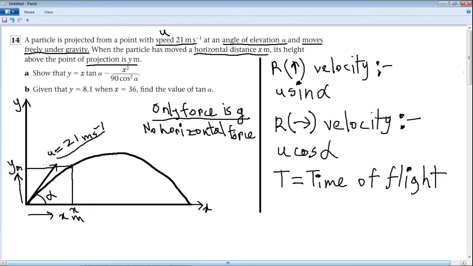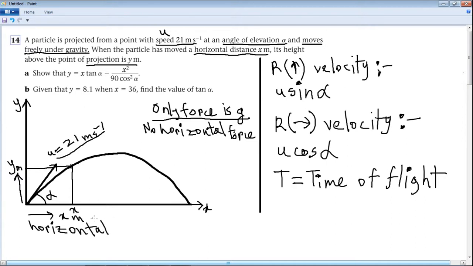As you can see in this diagram, y is the horizontal component of displacement, and extremely sorry, sometimes I get confused about what is horizontal and what is vertical. So let me write this down first.